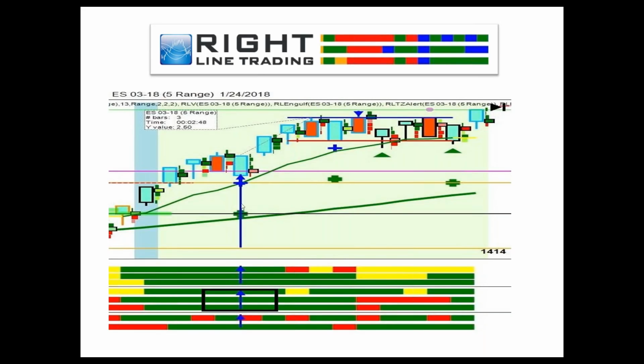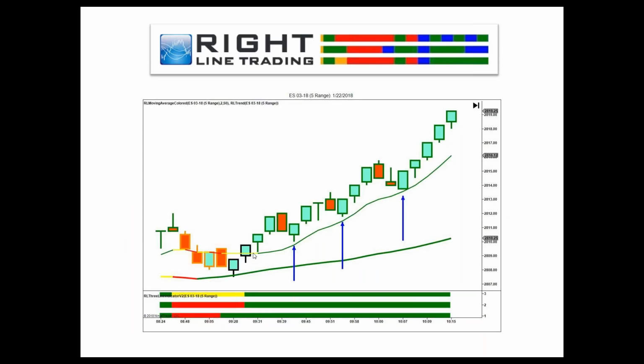Now, this is the full platform, and I don't want to get into that. I want to stay with the 3 line. So it's opening right now. It'll only take a minute. And I want to show you how well this works on a live chart.